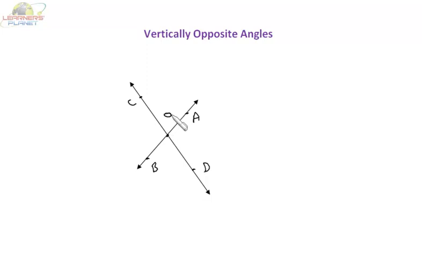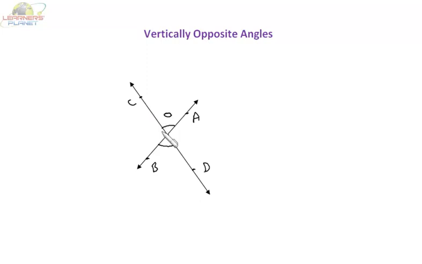Now in this figure, AB and CD are intersecting at O, and angle AOC, that is this angle, and angle BOD form a pair and we call them vertically opposite angles.